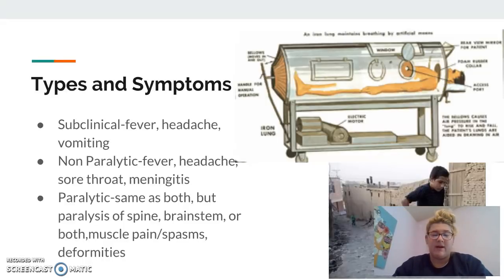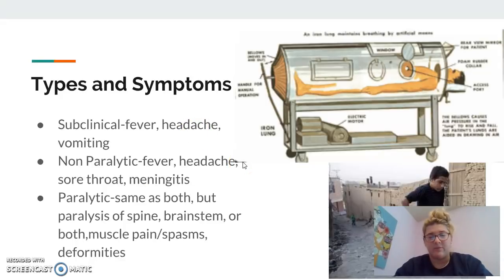So people who have contracted paralytic polio and kind of live through it, anywhere from 10 to 50 years later, they can start seeing similar symptoms to what they had when they did have the virus.